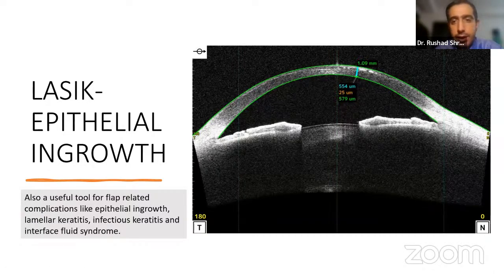If an epithelial ingrowth is in the periphery of the cornea, you can treat it either with YAG laser or you can just observe it initially. If it tends to come towards the center of the cornea and it's causing a necrosis or a thinning of the flap overlying, then you may have to lift the flap and clean the epithelial ingrowth. If the flap is getting very necrosed, then you may have to sacrifice the flap as well. So that's where it's important in LASIK.